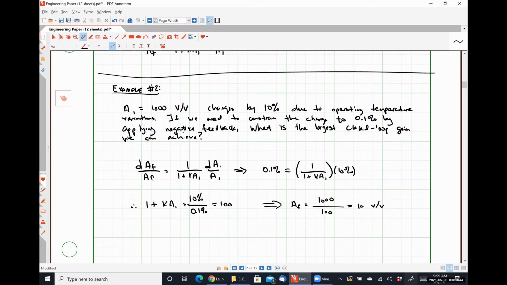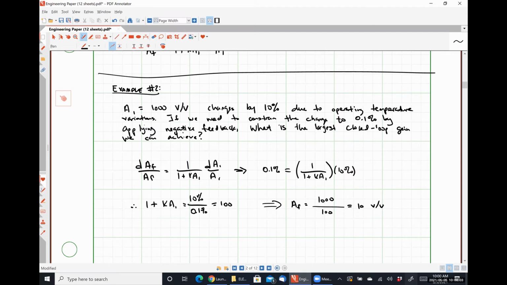So to reduce that gain variation by a factor of 100, we're going to reduce the gain by a factor of 100. It is going to be a one-to-one relationship.